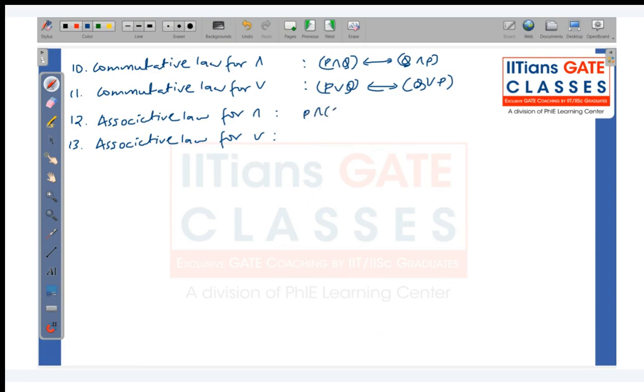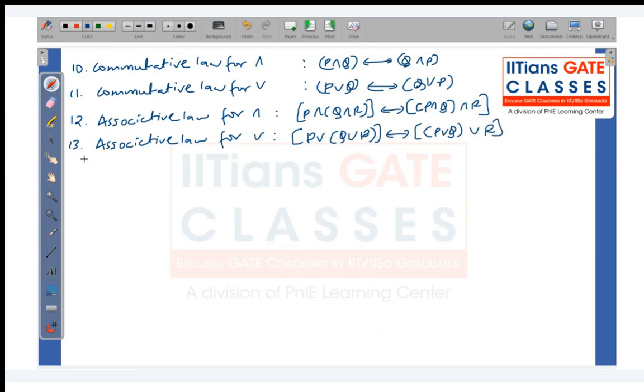So P or Q or R is equivalent to P or Q or R grouped differently. Or here P and Q and R is equivalent to P and Q and R grouped differently.